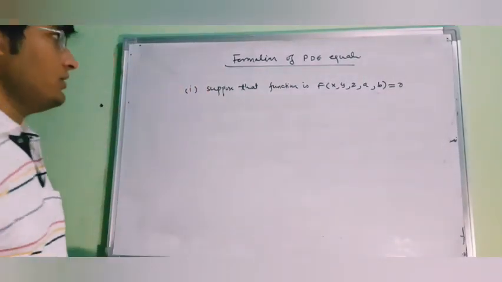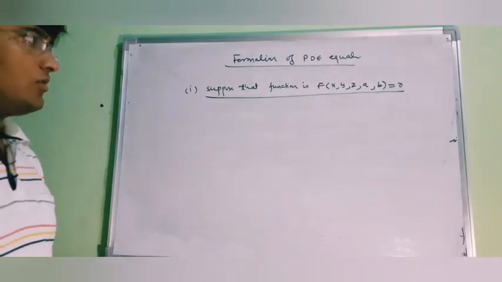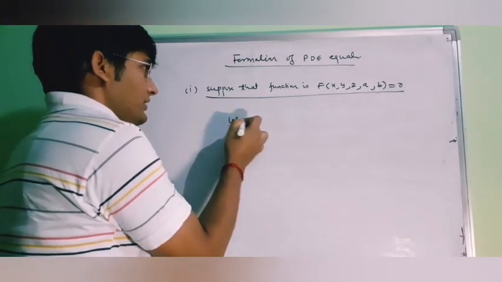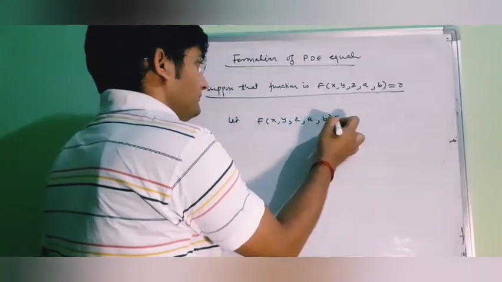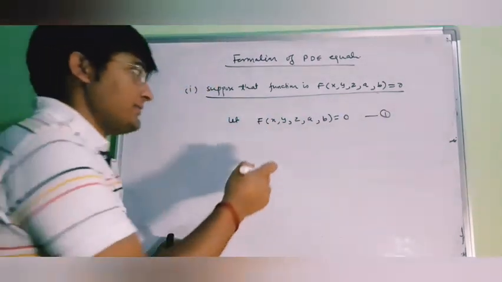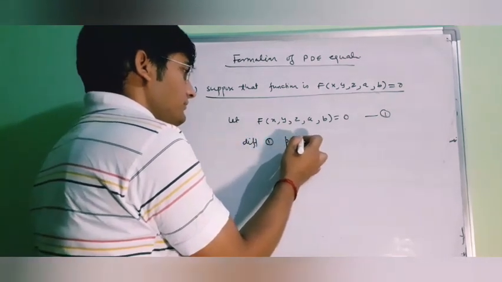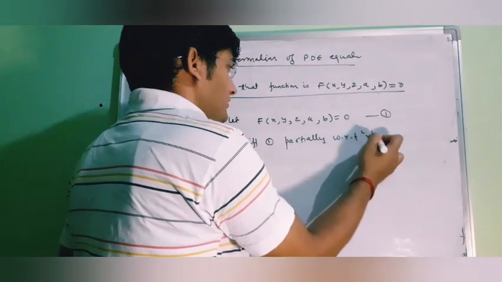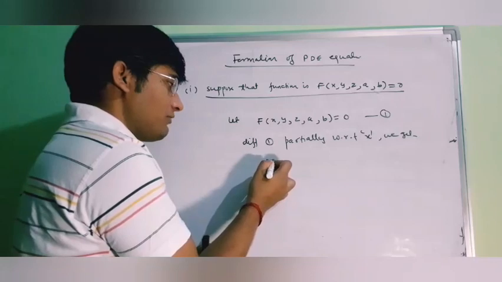Now, if this is the type of the problem or question, say this is your equation number 1, and we will differentiate this equation with respect to x. Now differentiating 1 partially with respect to x, we get, now the differentiation of this function with respect to x means del f upon del x.